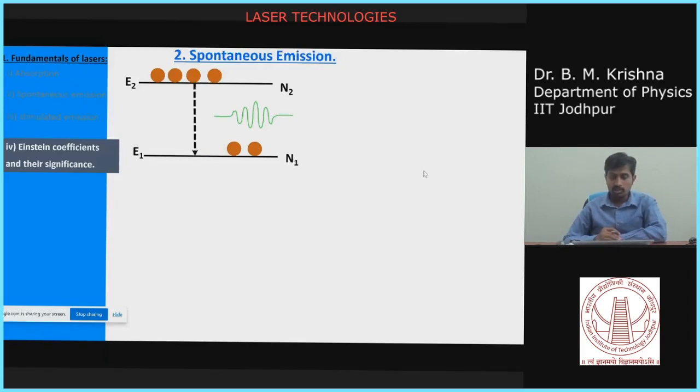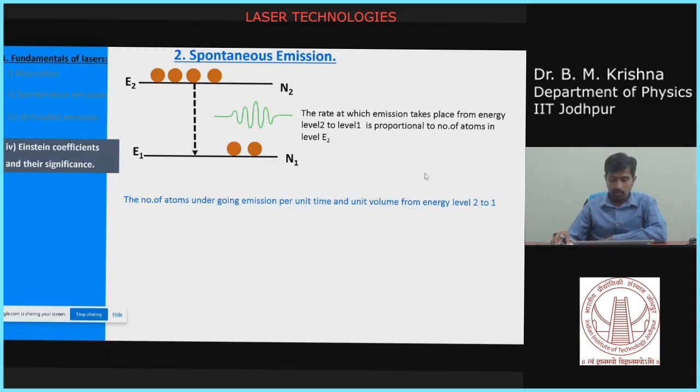Coming to spontaneous emission, there is a number of atoms in the excited state E2. They will come back to the ground state spontaneously and emit the radiation. The rate at which emission takes place from energy level E2 to E1 is proportional to the number of atoms in level E2.